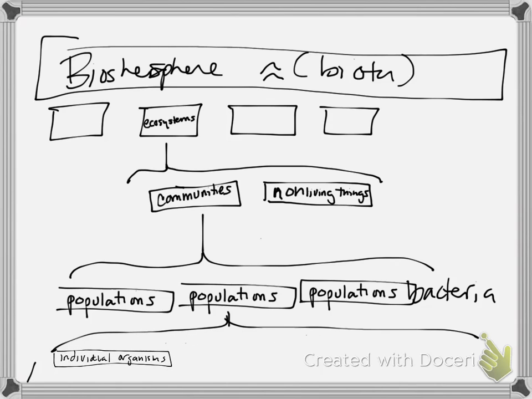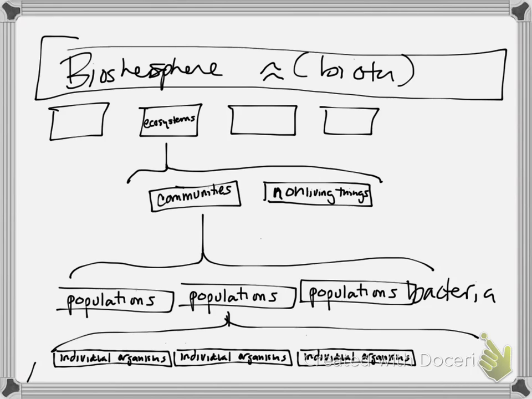Some populations may be made up of 1,000 organisms. It varies tremendously. And that's the thing that people often confuse for population, which is the size of the population. The size of the population is how many individual organisms are in that population. That's different than when we talk scientifically about a population.